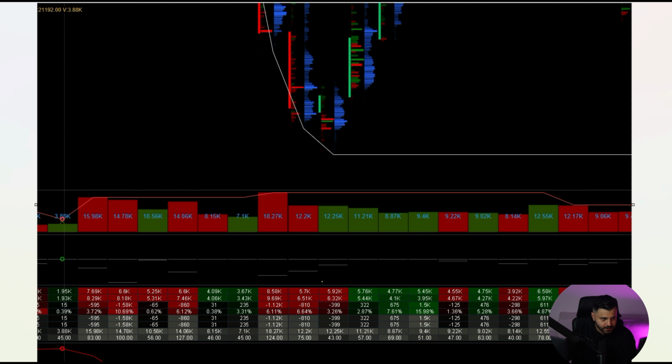Another thing it's telling us is the shorts are not getting rewarded. Okay, we have negative 399 on the delta, but the price just isn't moving any lower. All right, this actually closed positive. This is what we mean when we say delta divergence. All right, there's a divergence between the amount of negative delta and the positivity in the candle.